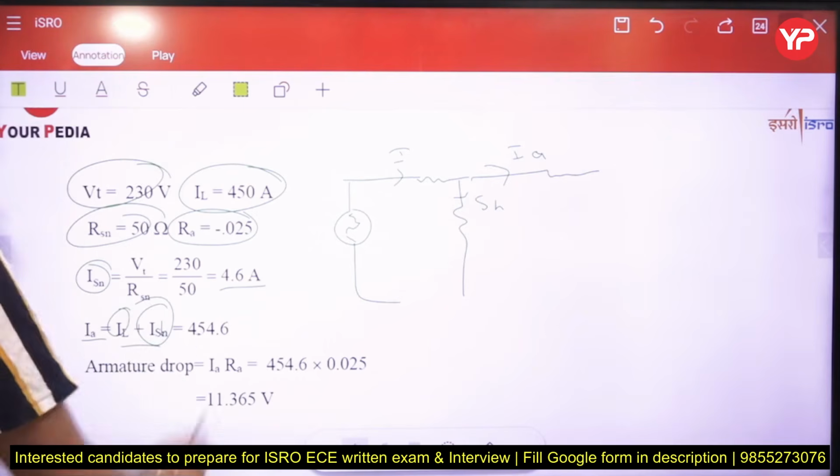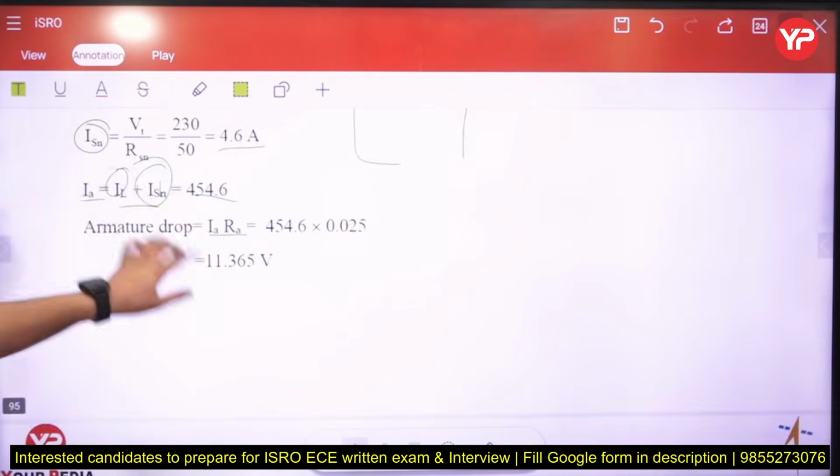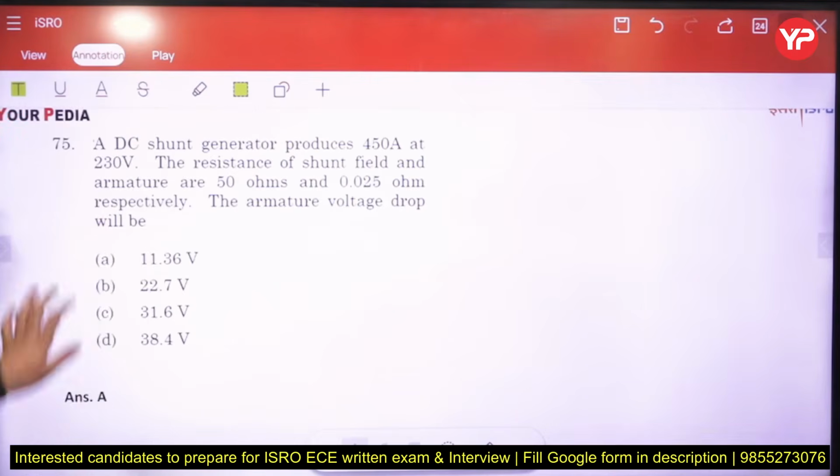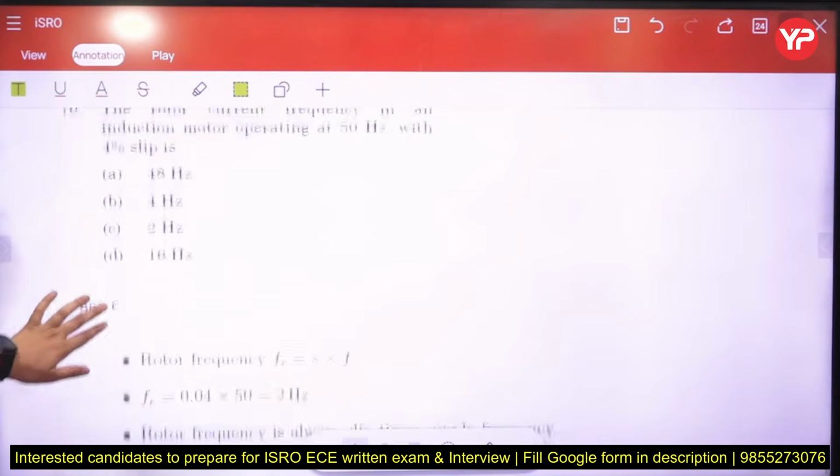So the armature current is 454.6, right? And the armature voltage drop is the armature resistance multiplied by that current. So we will get 11.365. So 11.36 will be the correct answer for this one.